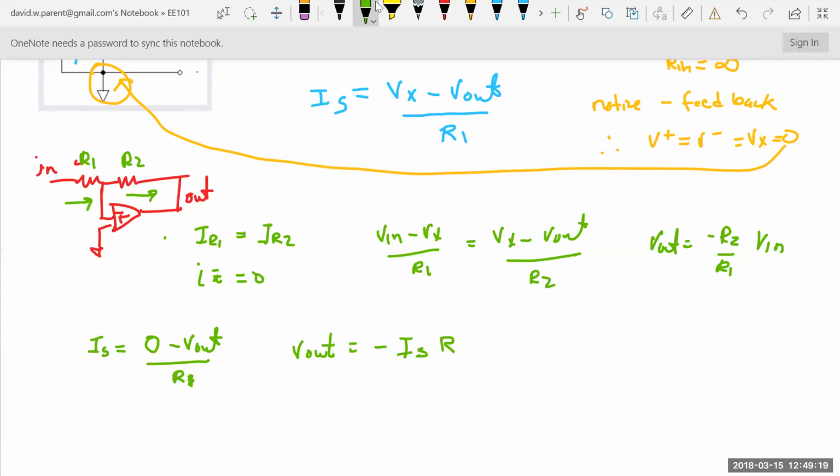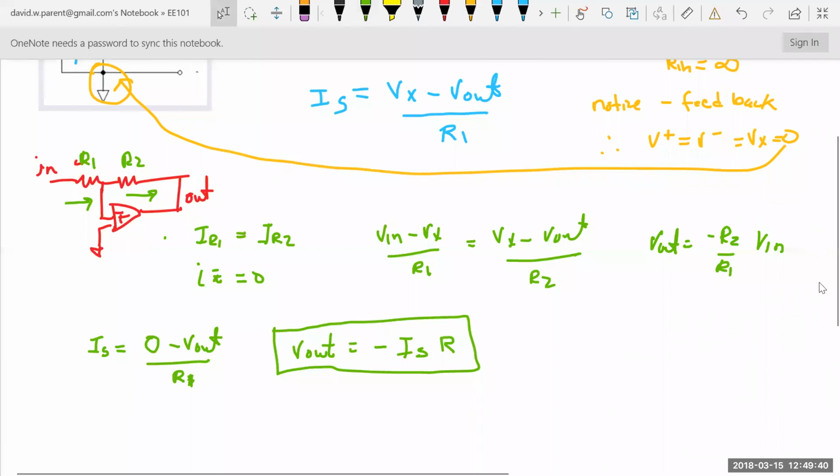All right. It takes a current, multiplies it by a resistance. So you can take a microamp, something tiny, and multiply it by a mega ohm and get something big.